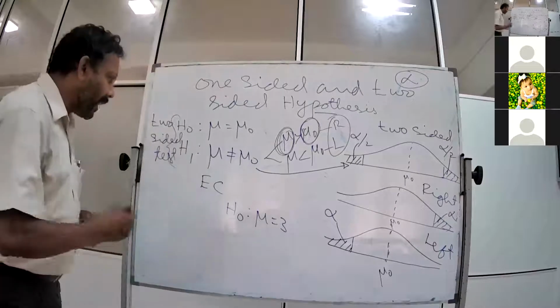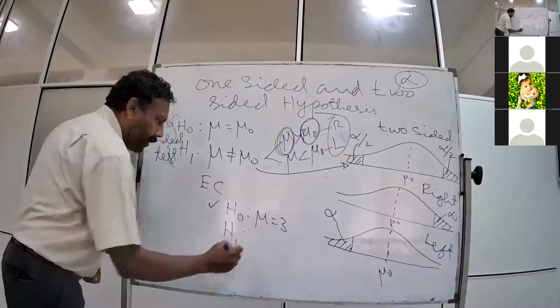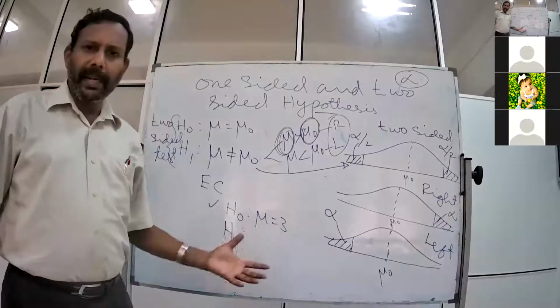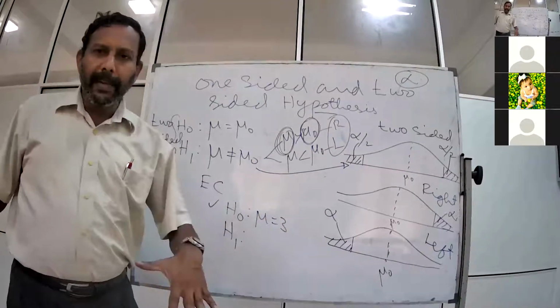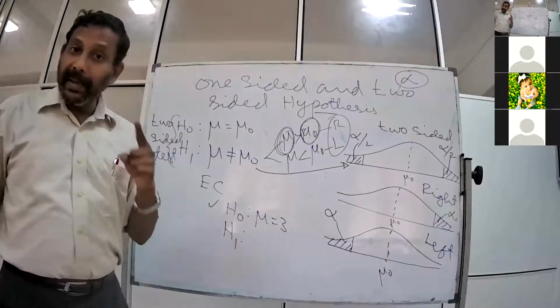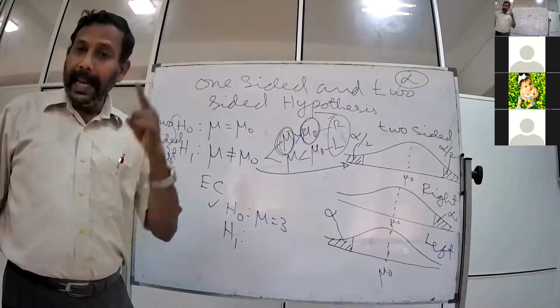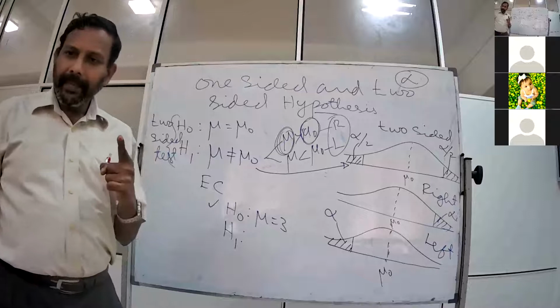So what is my alternative hypothesis? The null hypothesis is correct. If it is equal to 3, that means water cannot be irrigated. The alternative hypothesis should be opposite to this: water should be able to irrigate, so the electrical conductivity should be less than 3.